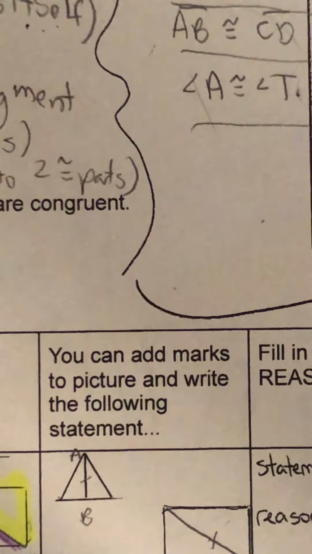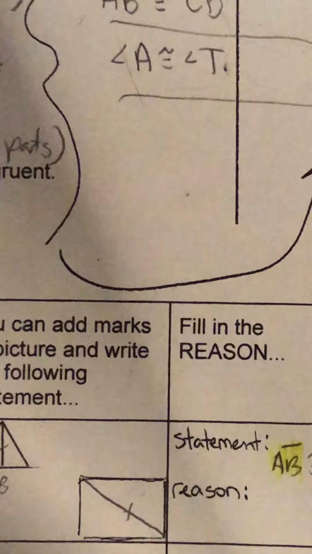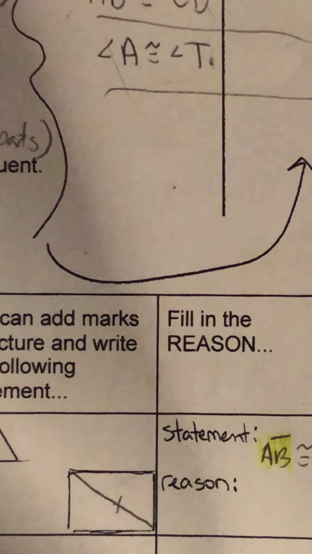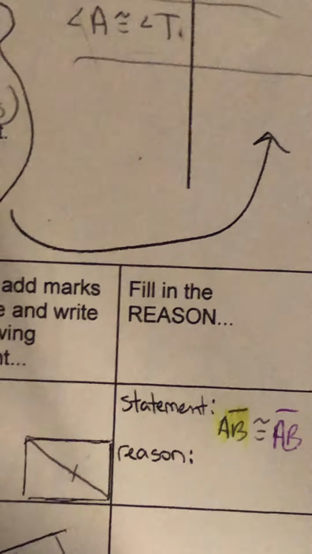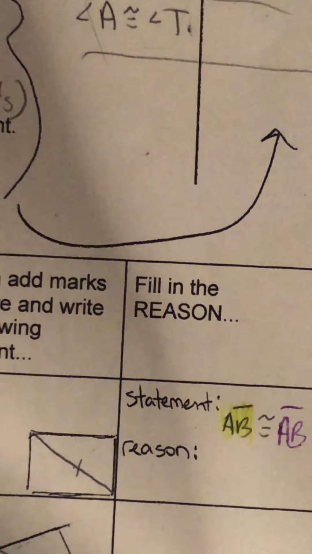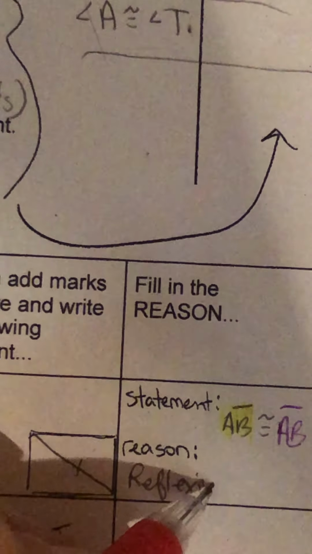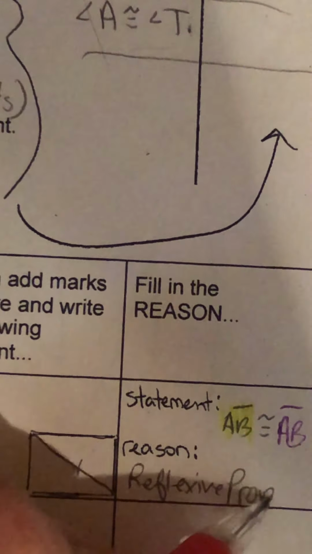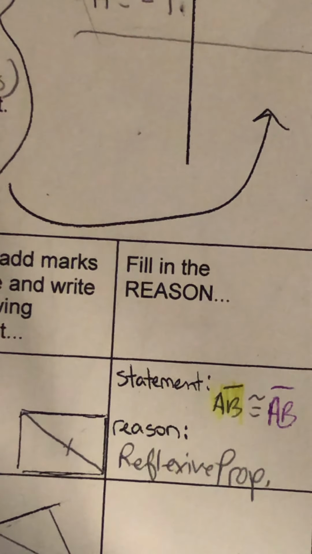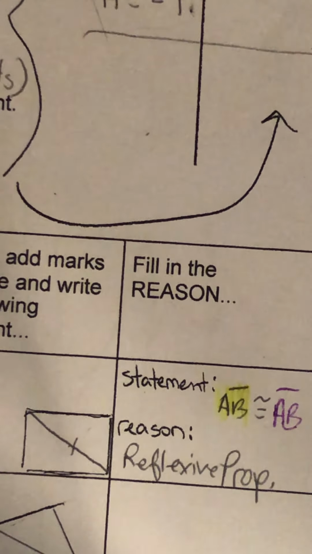So our two sides AB in our two triangles are congruent. It's the same side. And then in the proof, the reason we're going to write for that is the reflexive property. That's what we name the rule that says everything equals itself. And this is really one of the only places we use it, is in these proofs.